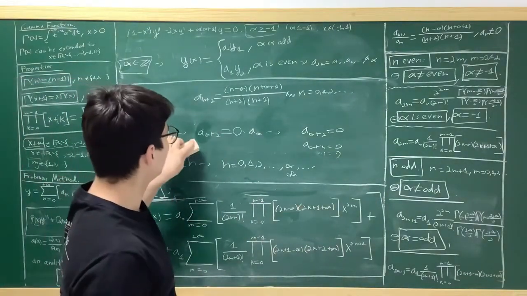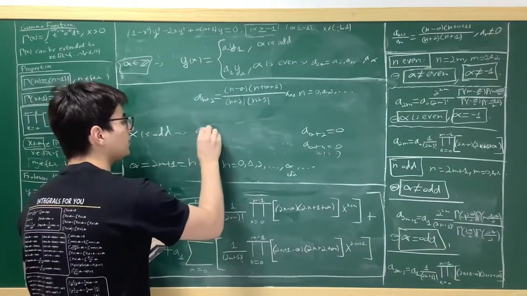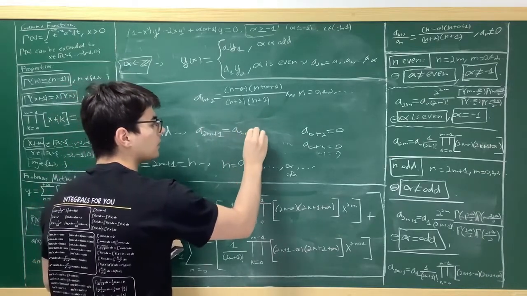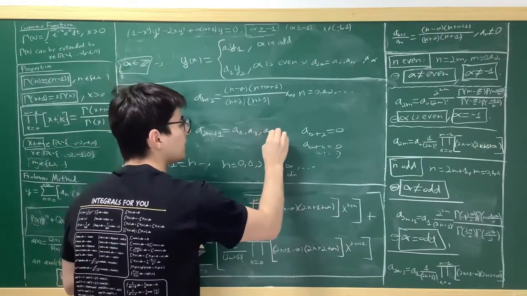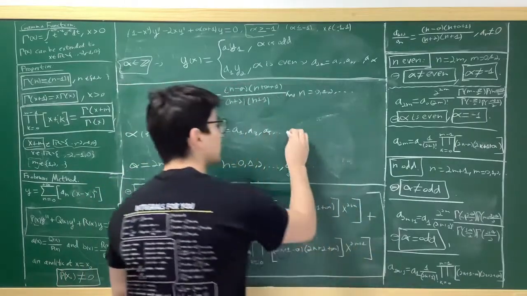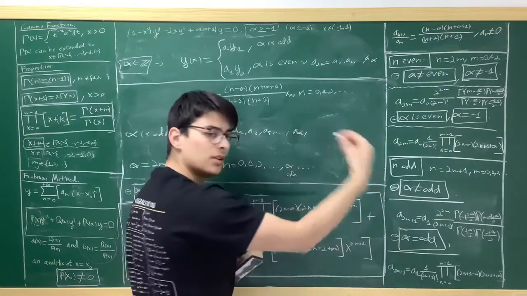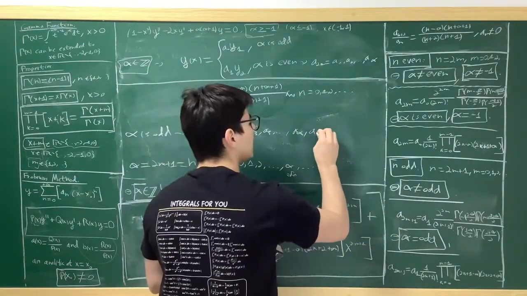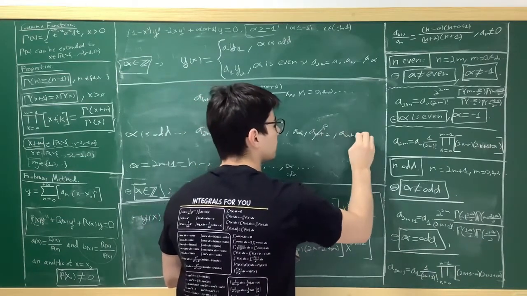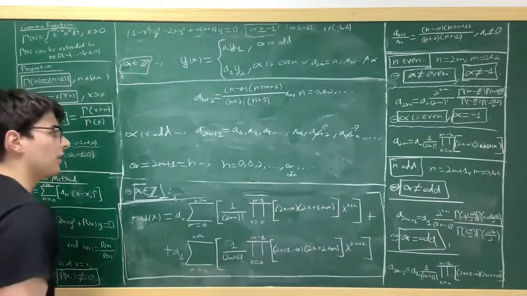This means that the odd terms, a_(2m+1), are a_1, a_3, a_5, up to a_alpha. But whenever we go beyond a_alpha, this is 0, this is 0, and so on. Just remember that alpha here is odd.